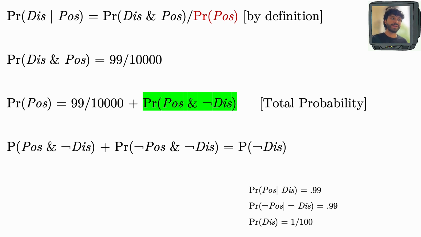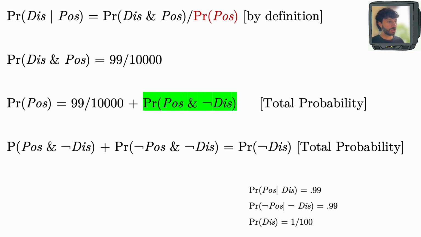And we know by which law that this is equal to the probability of not having the disease? Which law are we using? Yeah, it's the law of total probability, because note that here we're looking at the probability of not having the disease is equal to the probability of not having the disease and testing positive, plus the probability of not having the disease and testing negative, or not testing positive.